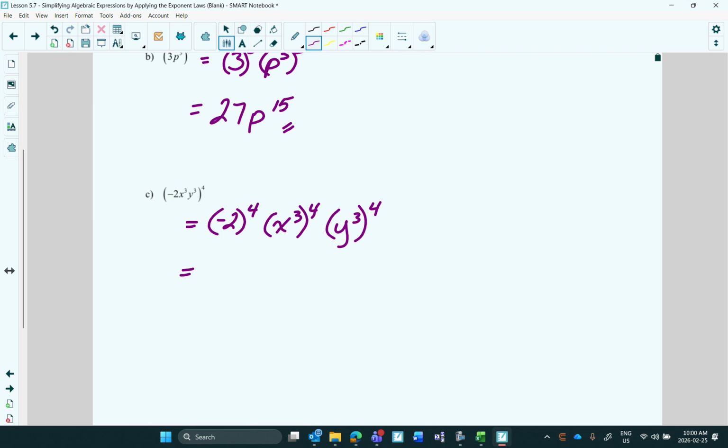Is it going to be positive or negative? It's going to be positive. And what's 2 times 2 times 2 times 2? 16. Now, exponent law, multiply. X to the 12.